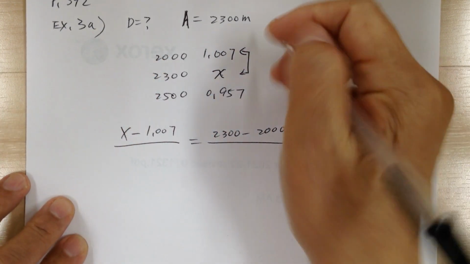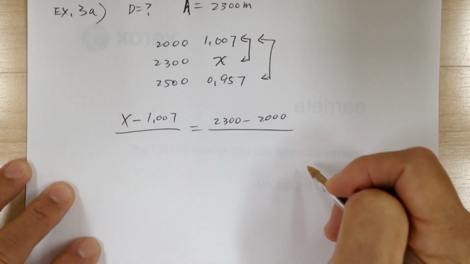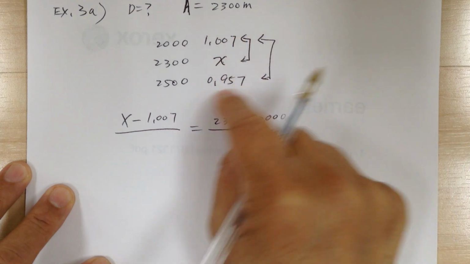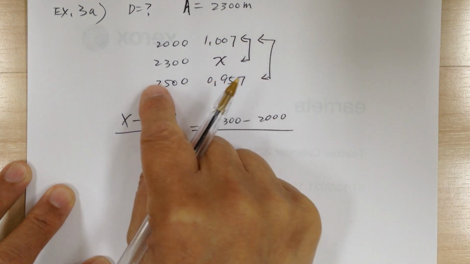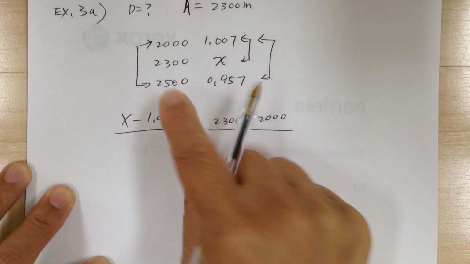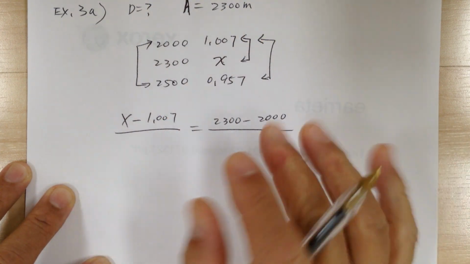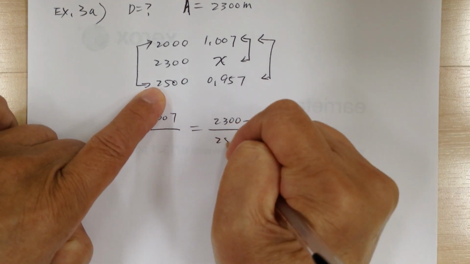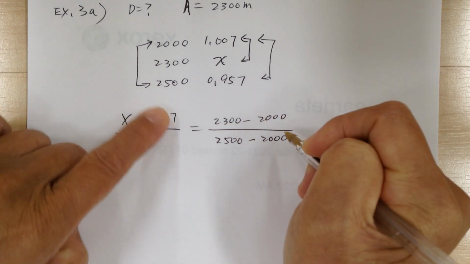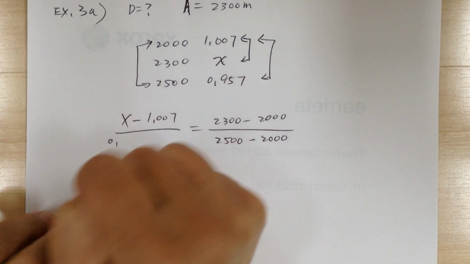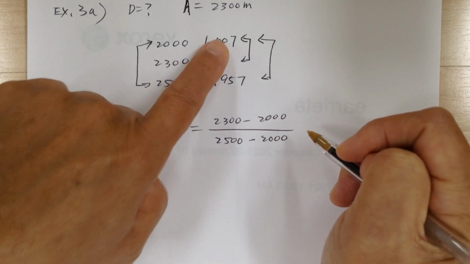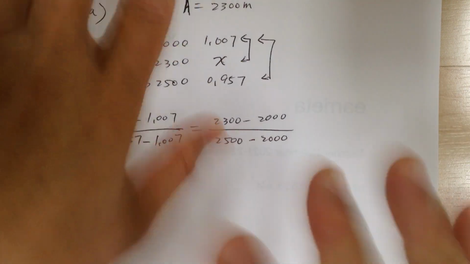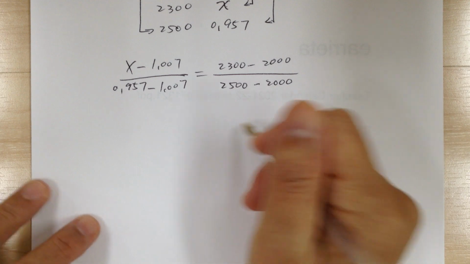Then I'm going to use this pair next. It doesn't matter which one you subtract from; I'm going to use this minus that. So again, make sure you match things exactly. So 2,500 minus 2,000: 2,500 matches with 0.957, and 2,000 matches 1.007. The key thing is to make sure you match it up. Don't crisscross. Now you can start working things out.